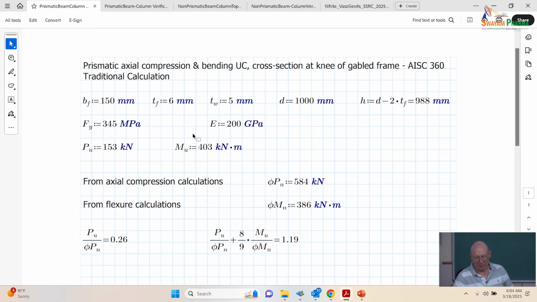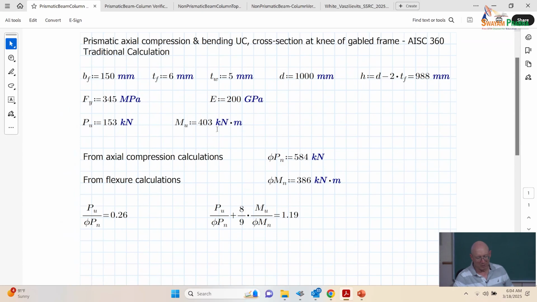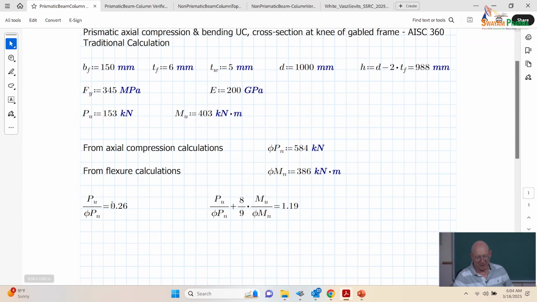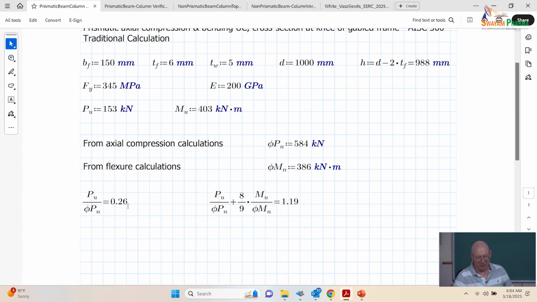So here's again the 1,000 millimeter deep section. We've already done the calculations for PU and MU and got a VPN and a VMN separately. Our PU over VPN was 0.26. That kicks in the upper branch of a bilinear equation that we use for the beam column strength. Okay, we're at 1.19. That's the way we do it traditionally.